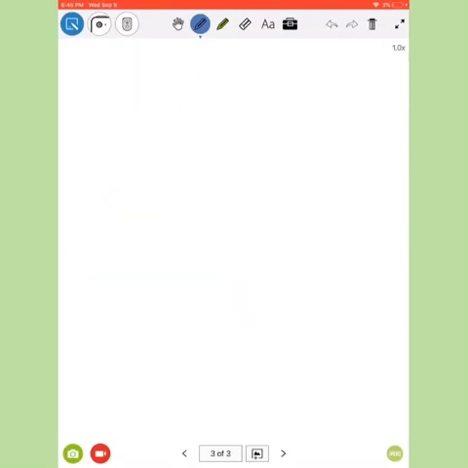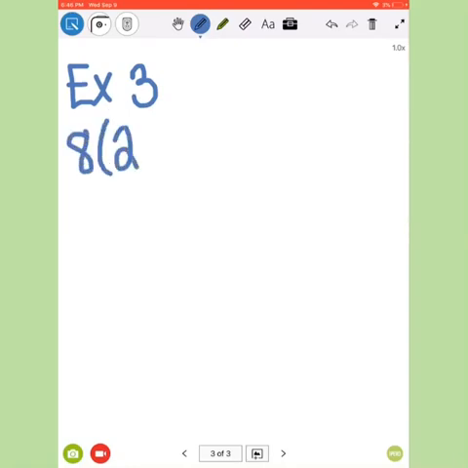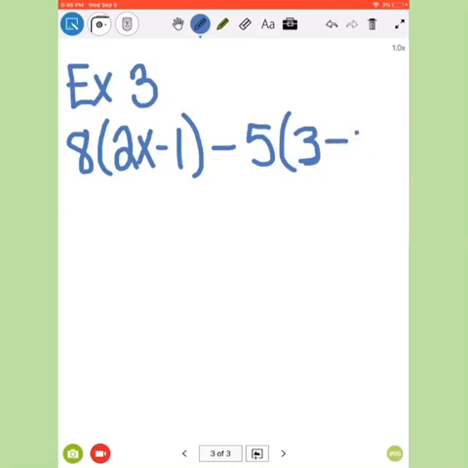Let's try this one more. Example 3. How about we have 2 sets of parentheses where we have to combine? Okay, what if we had 8 times 2x minus 1 minus 5 times 3 minus x.